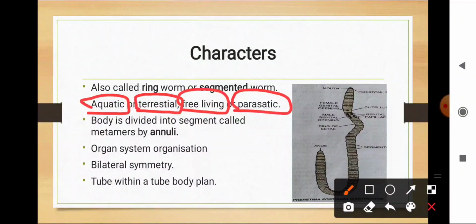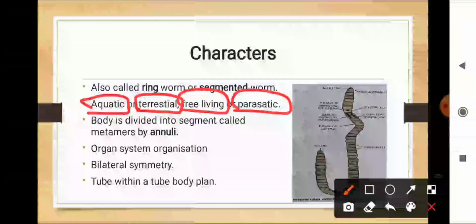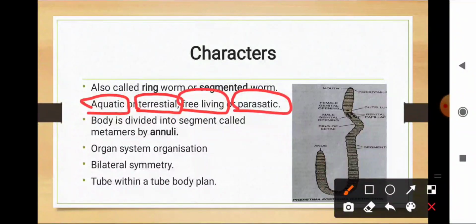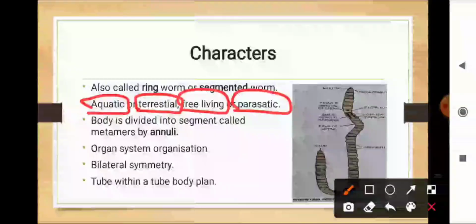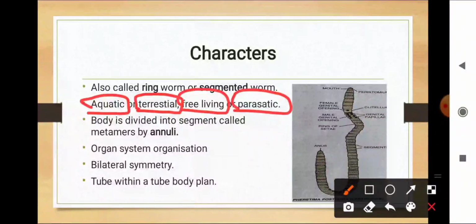In aquatic they use water as the medium, in terrestrial they use land as the resource, and in free living they do not depend on a host. Some are parasitic, that is, they use the host as a source of nutrition.